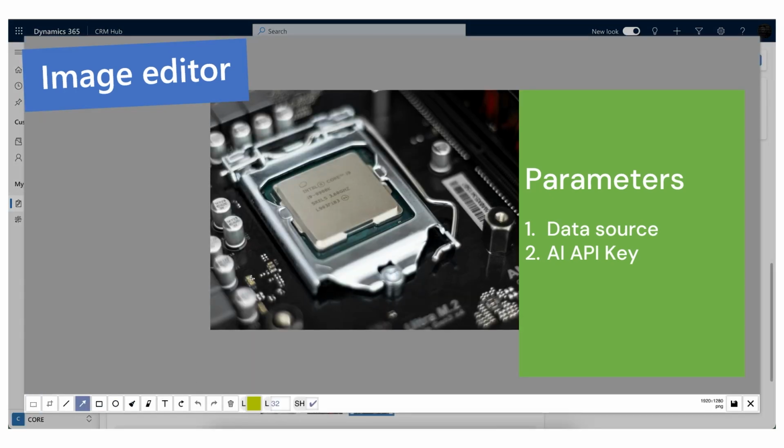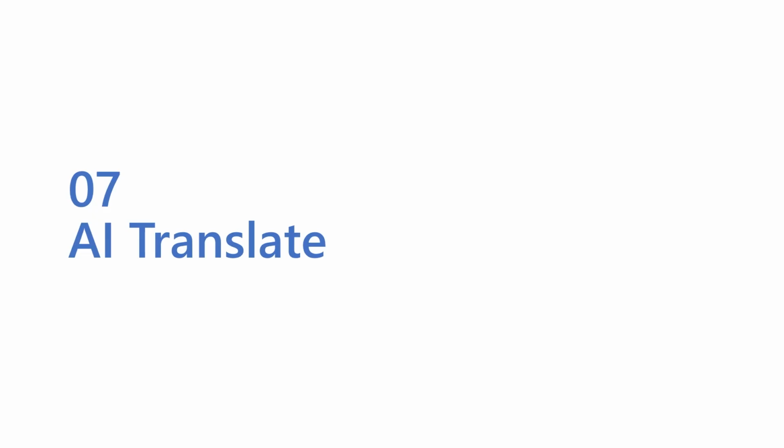The first property is data source. Obviously, you need to bind the component to some specific data. And second one is AI API key. So if you would like to use Azure API key, or you would like to use OpenAI, you can use these API keys as a configuration of the PCF component.